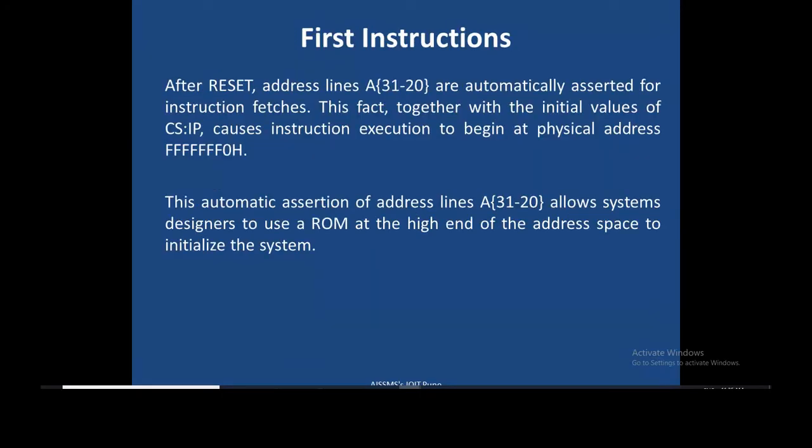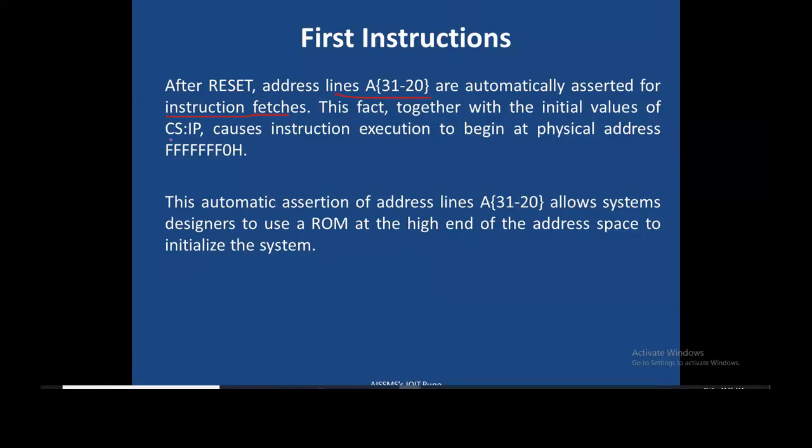Then from where is the first instruction going to execute? After reset, the address lines A31 to A20 are automatically asserted for the instruction fetch. Address lines 20 to 31 are automatically asserted for the first instruction fetch.